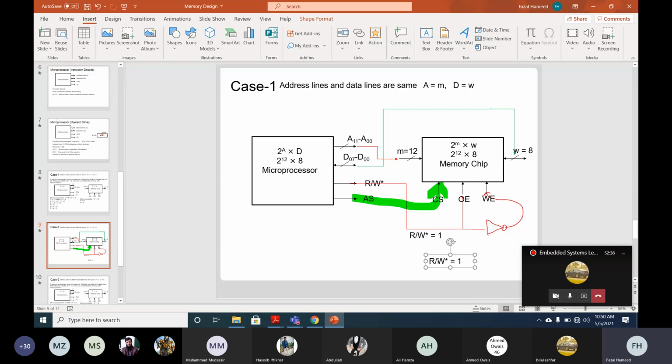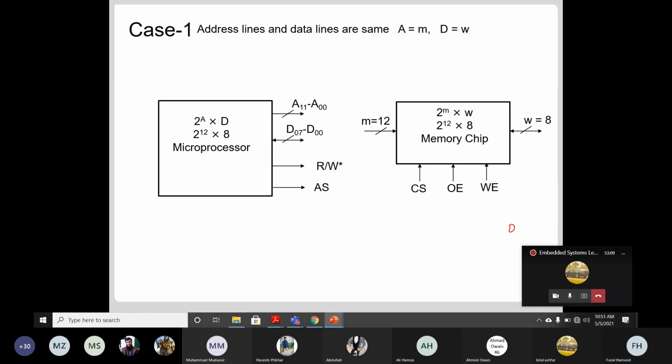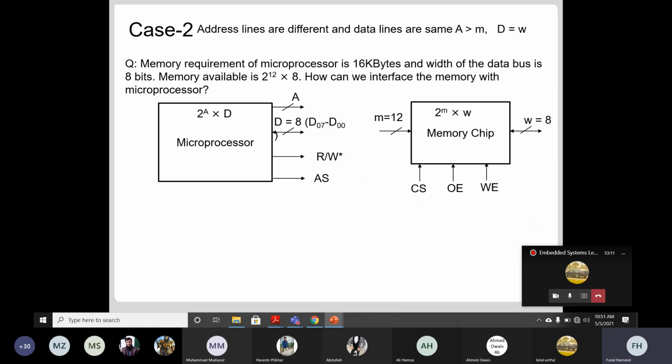What will be the value of write enable? 0. Okay, so write enable is 0, so it will perform a read operation. But when read write bar is 0, what is the value of write enable? 1. So it will perform a write operation. Got it?